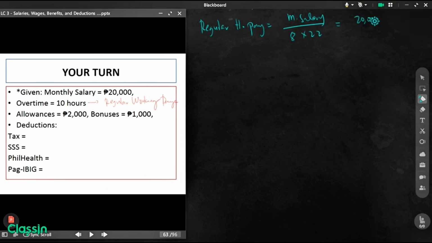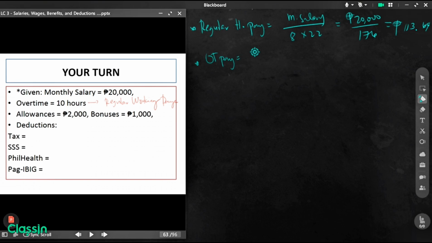So 20,000 divided by 176 equals, so your hourly rate will be 113.64.